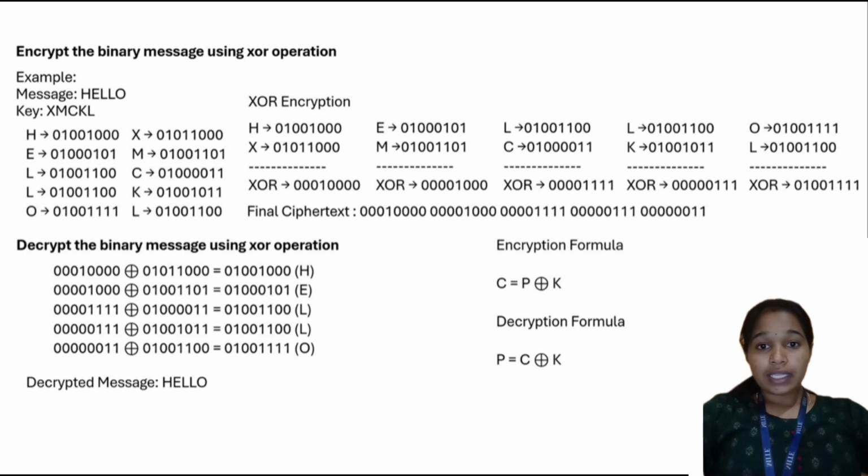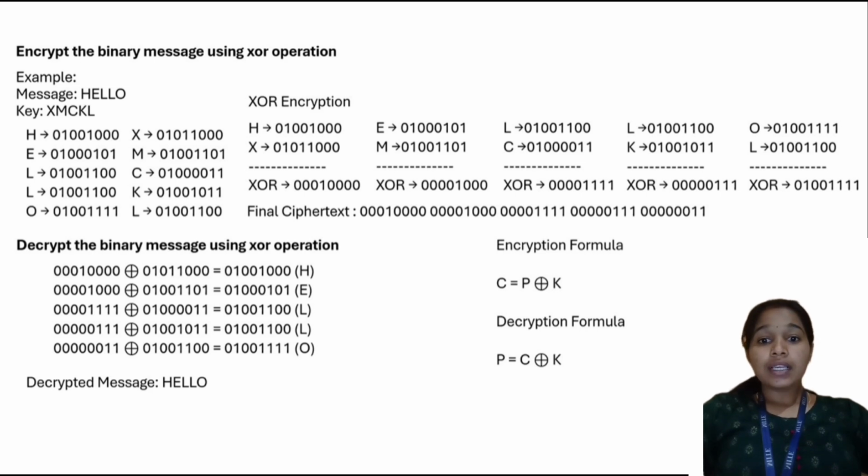Now let us see an example for the encryption and decryption process. First we convert each letter into binary. So each character becomes a sequence of zeros and ones. Next we take a key of the same length. In our example we use XMCKL. Now comes the main step, encryption.